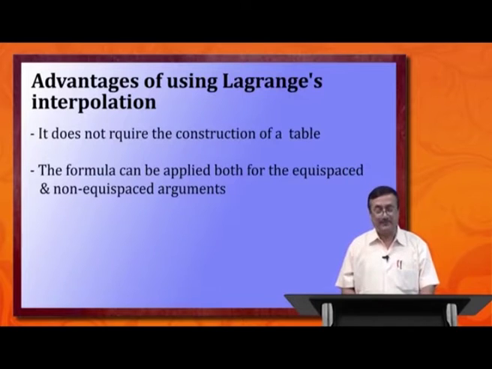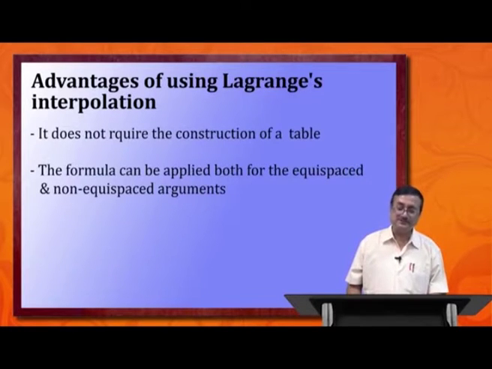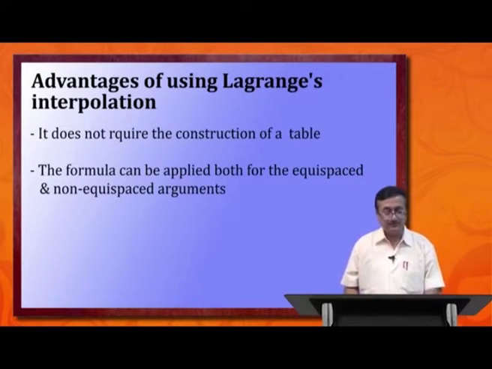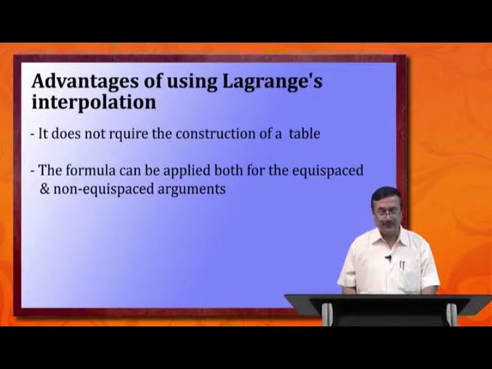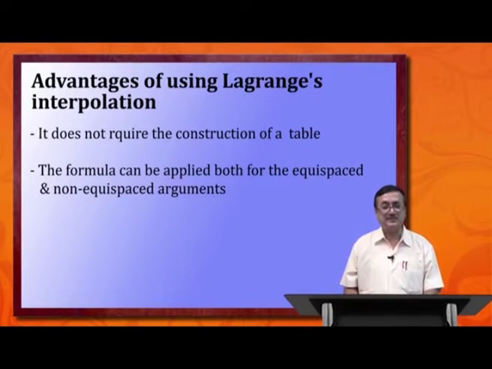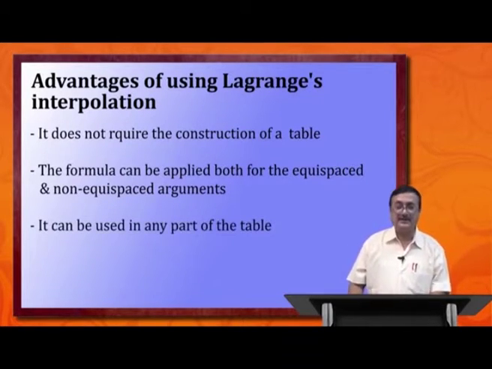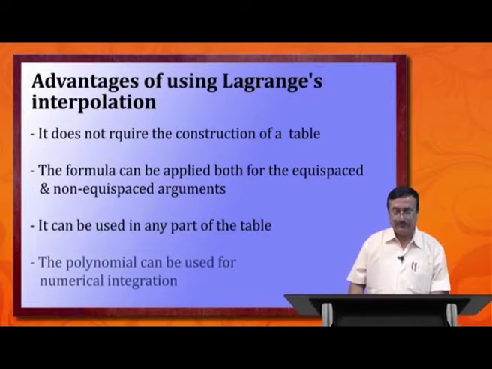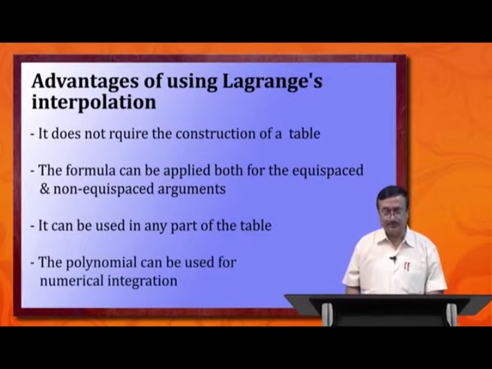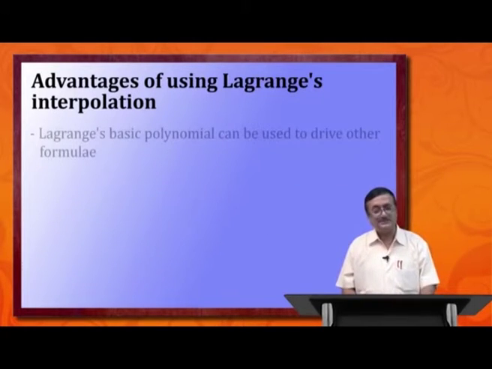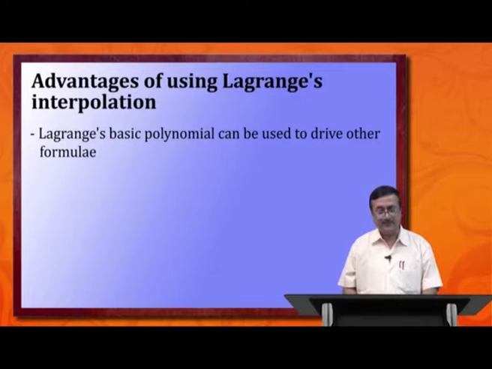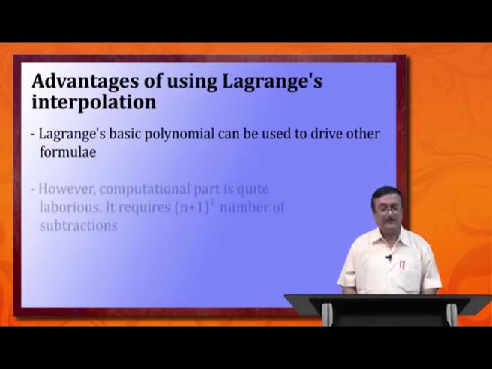The formula can be applied both for equispaced and non-equispaced nodes, and also in cases when the xi's are not in order. It can be used in any part of the table. This polynomial can be used for finding the formula for numerical integration. Lagrange's basic polynomial can also be used to derive other formulas too.